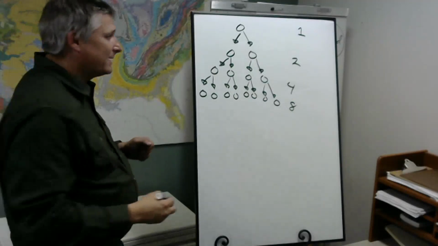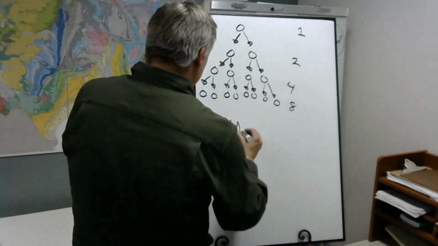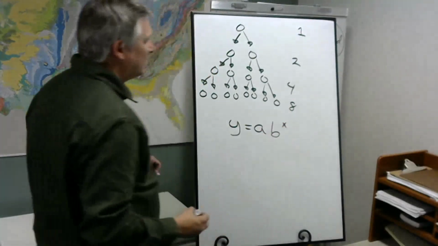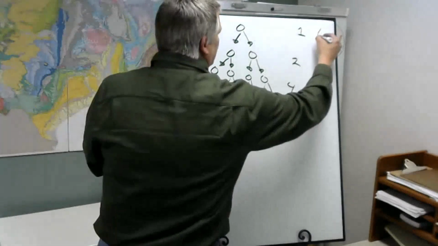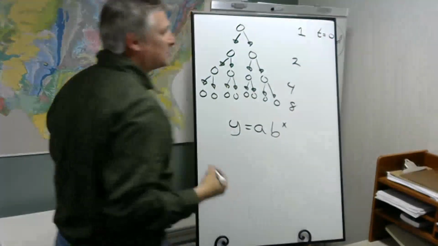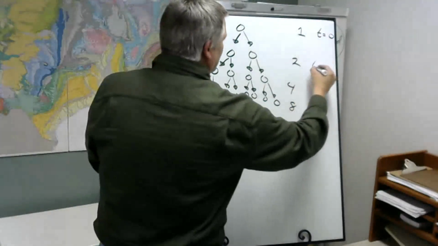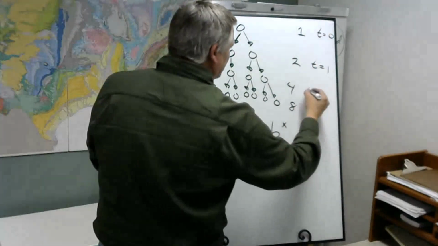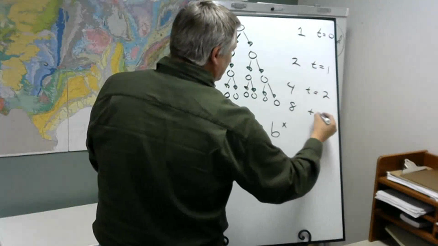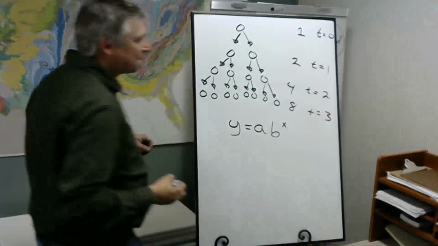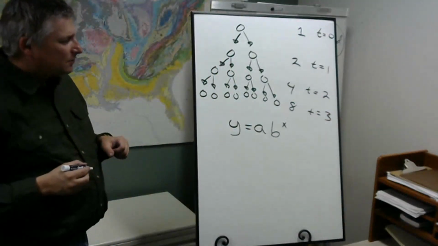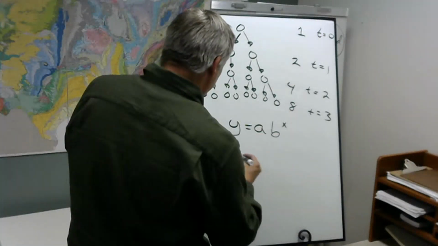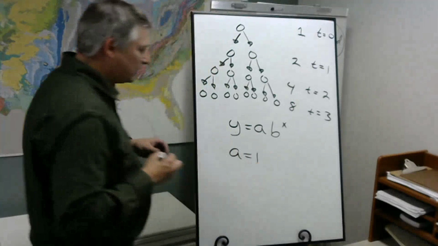So we could use a model like this: y equals a to the bx. And we could call this time equals 0. That's where we started. Time equals, say, maybe it's an hour, 2 hours, 3 hours. We know a is equal to 1.